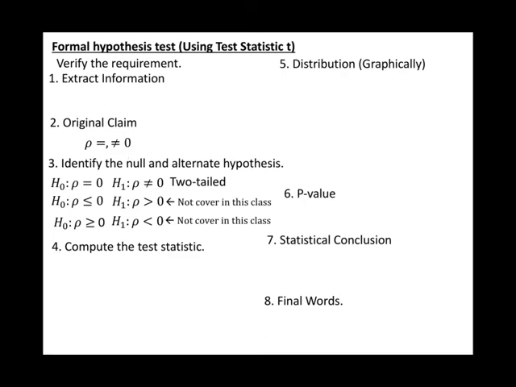Okay, compute the test statistic. So you could see we are using the T. That would be the T distribution. And then the R here, this is the linear correlation coefficient R. So for number 1, extract information, you want to find out the N and R only.